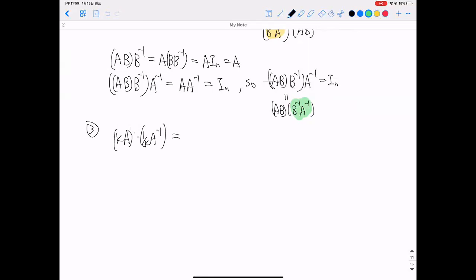For that, we have to multiply it to KA from both sides. So first of all, you could move the scalars outside like that, and that just gives you identity.